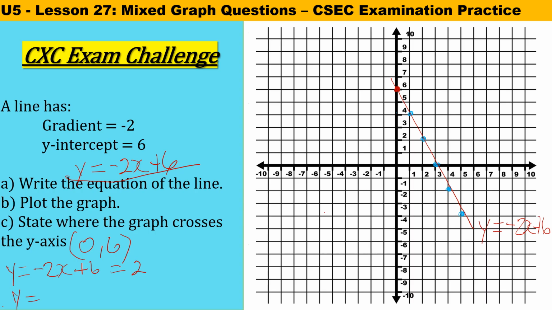So y = -2(2) + 6 equals 2, because -2 times 2 gives you -4, and when you add 6 to it, you get 2. So it is correct. If you want to be certain, you can take another point and do a second check just to make sure.